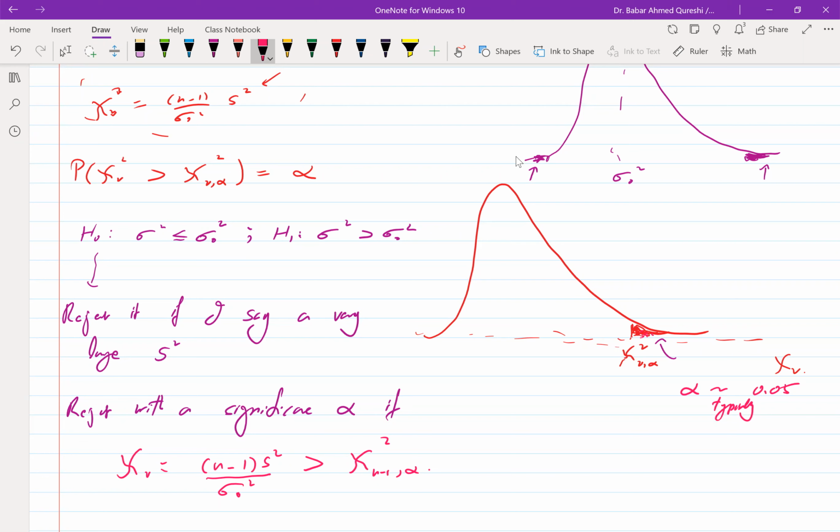And landing beyond that region has a small probability. And if that happens, then you reject your hypothesis that the population variance is less than this number, with the significance which is determined by how little probability there was to land in there.